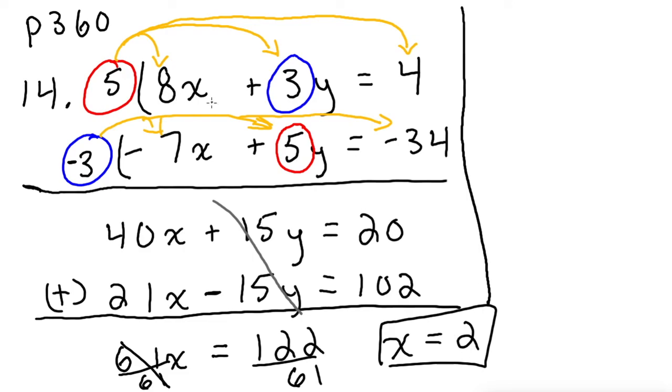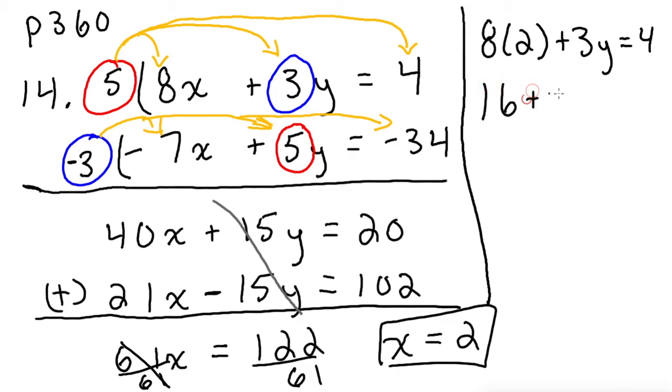So I'm going to pick this equation, and I'll have 8 times 2 plus 3y equals 4. So if we do 8 times 2, we'll get 16 plus 3y equals 4. Now, to solve this for y, I got to get rid of the 16 over here, so I'll do minus 16 on that side, and now that's gone.